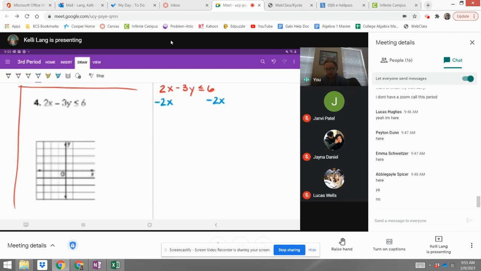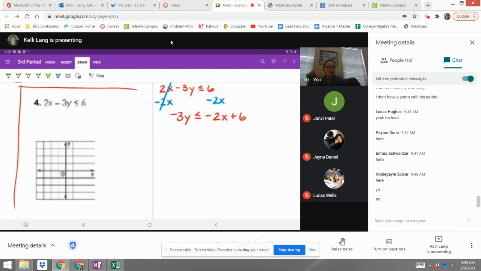So we're going to subtract 2x, and on the left, these cancel, leaving me with a negative 3y is less than or equal to negative 2x plus 6. For our next step, we need to get that y by itself on the left, so we have to get rid of the negative 3, or in other words, we have to undo the negative 3.